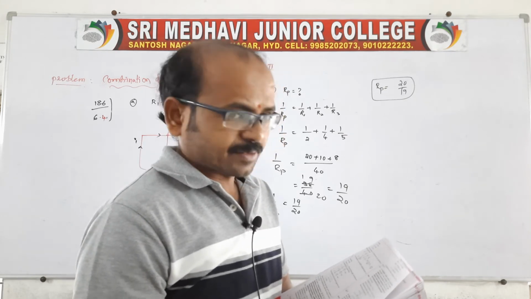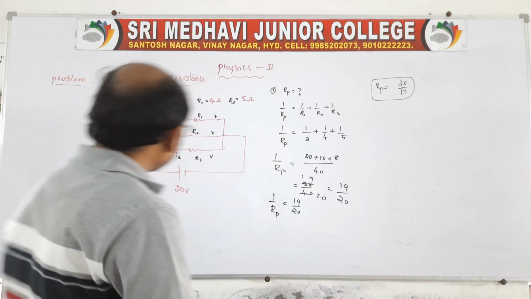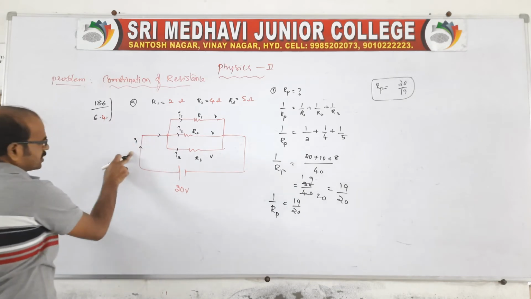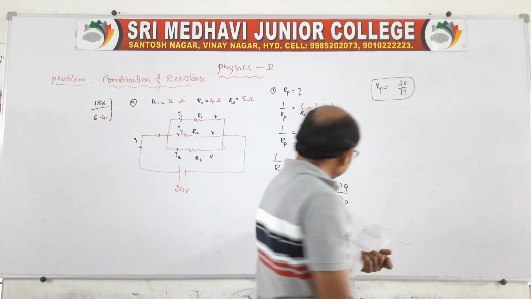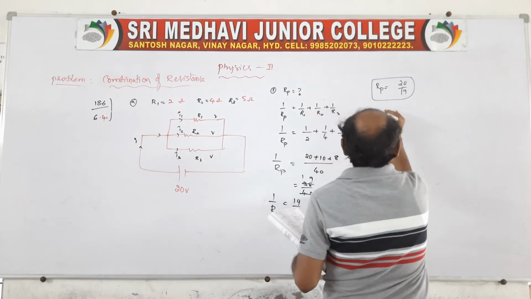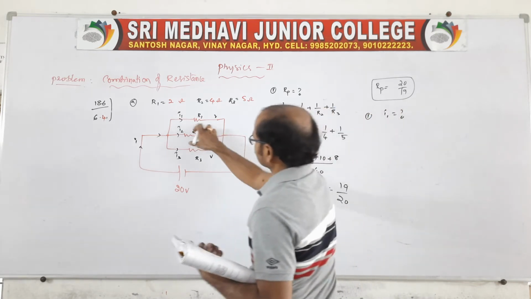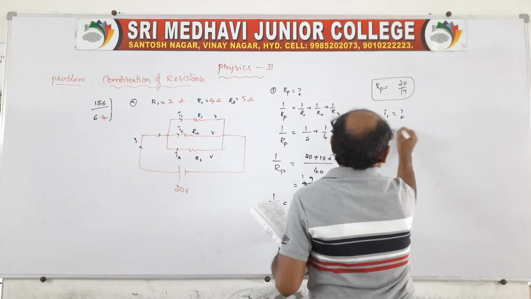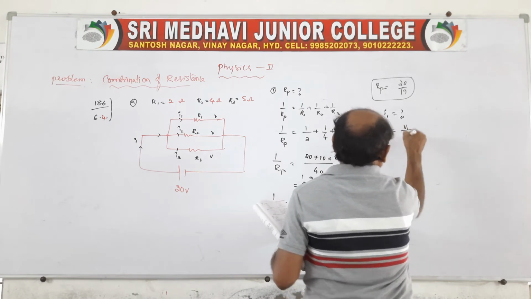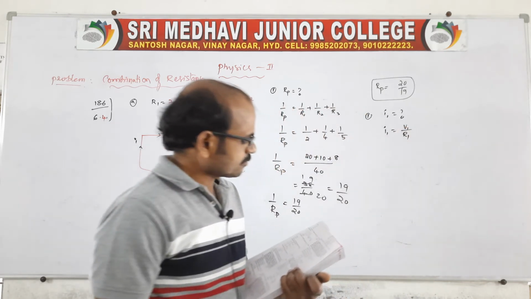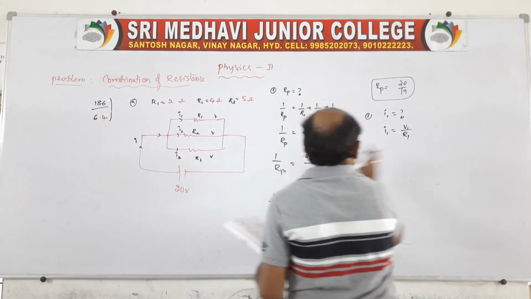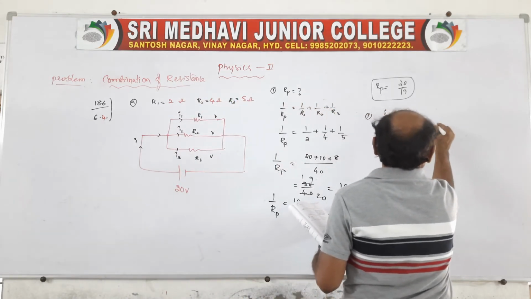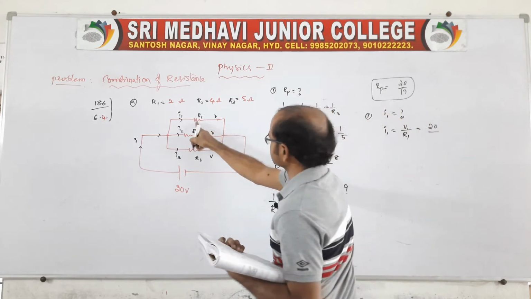Then it is asking for the individual currents. Here we don't know how much current is entering, so we need to find I, but before that we should get I1, I2 and I3. I1 is through R1, so I1 is equal to V by R1. V is 20, and R1 is 2 ohms.